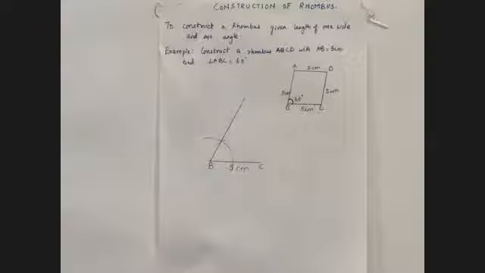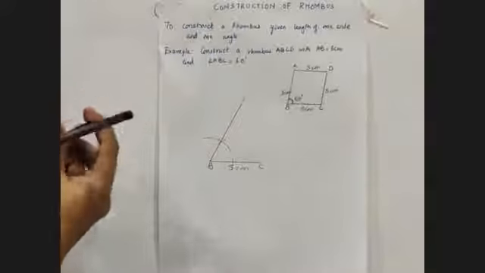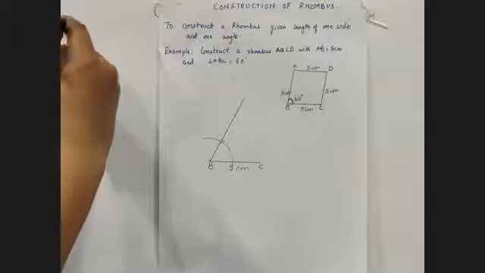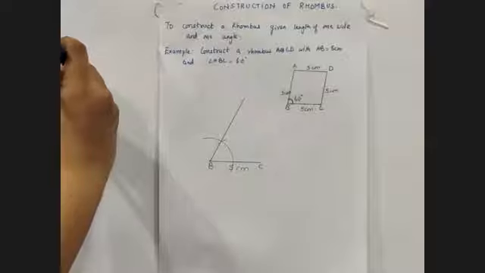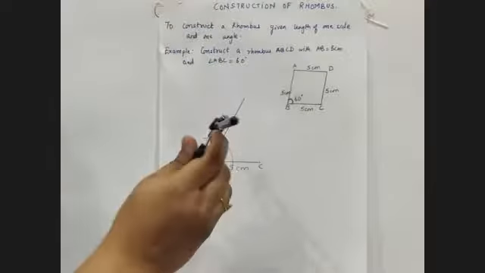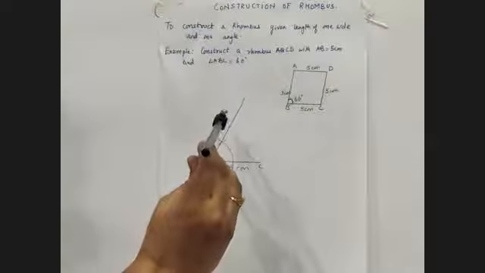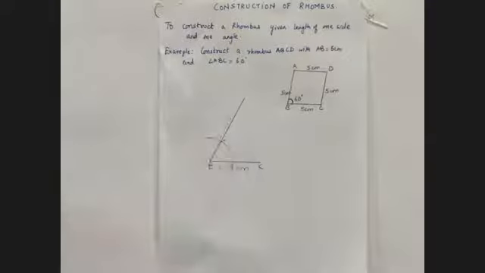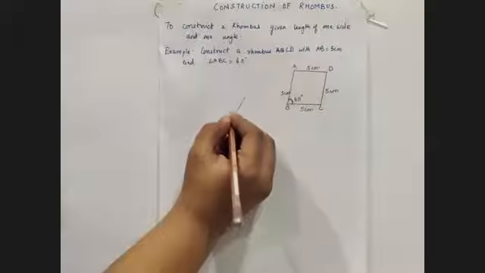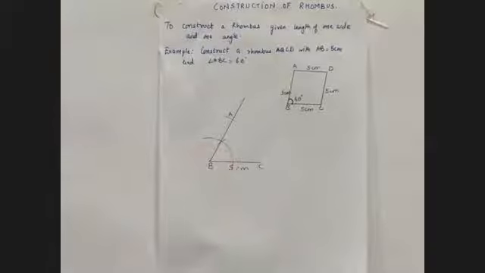Next step, we have to take the radius 5 centimeter and with B as center, we have to cut an arc. So this will be my third vertex of the rhombus and that will be my A point.